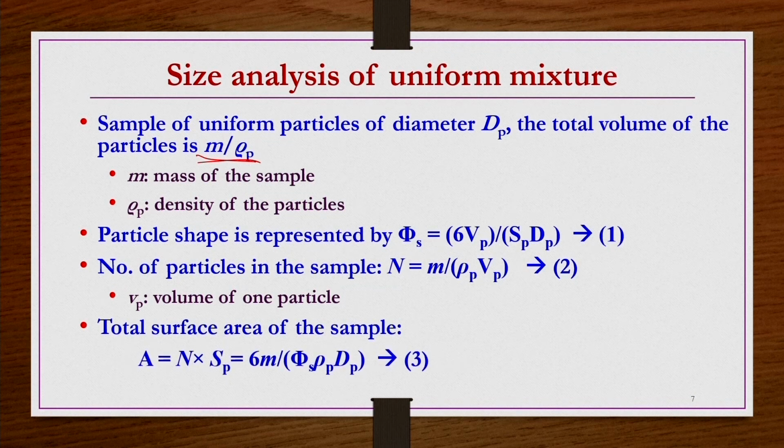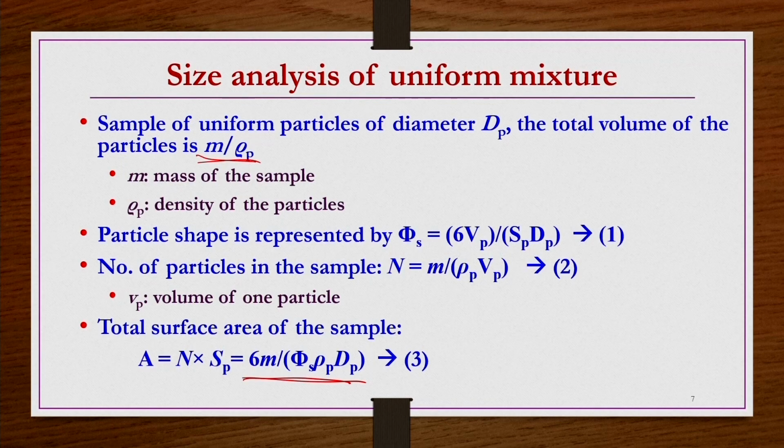Here n is m by rho p Vp, and Sp from equation 1 is 6 Vp by phi s dp. If you simplify it, you will get 6 m by phi s rho p dp as the total surface area of the uniform mixture that you have taken.